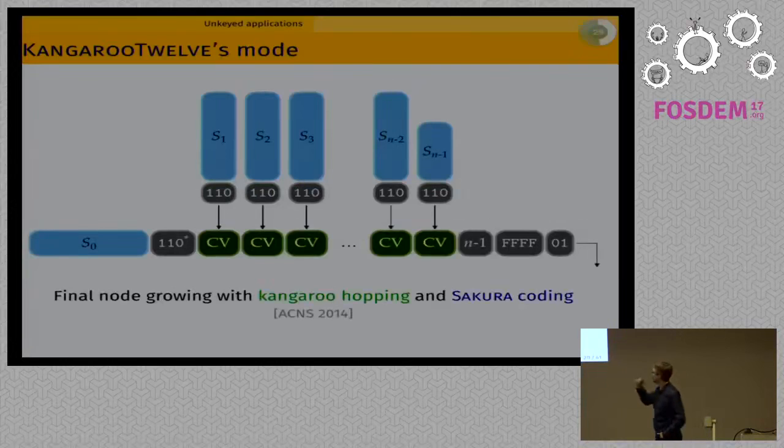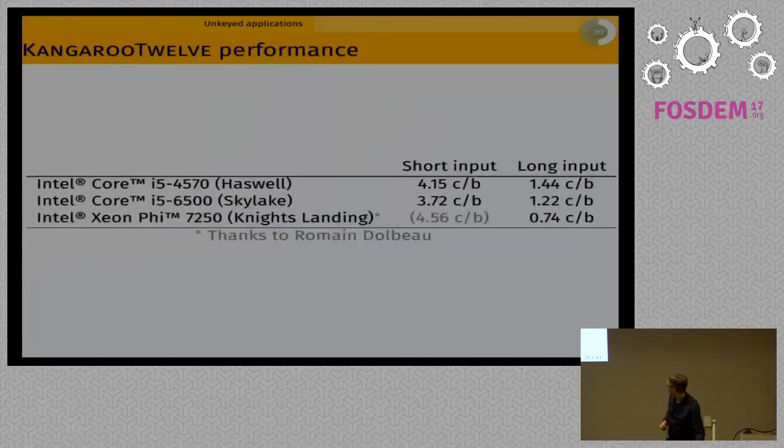I forgot to mention that, with this idea of kangaroo hopping, the first chunk is hashed with the same hash function as the digest, so if your input is small, there is no overhead due to the tree hash mode. So this 3.72 is really the speed for a short message, as soon as there is one block, for instance.